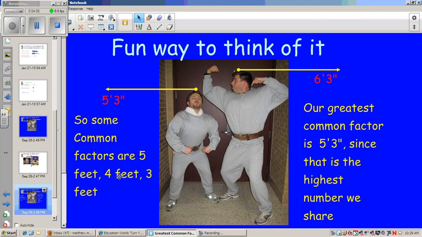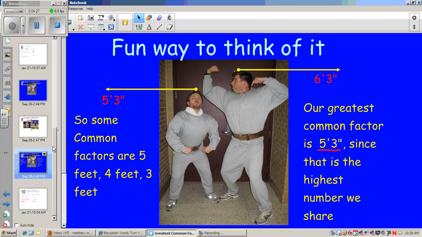Those are all heights that we both hit as we were growing. But our greatest common factor is 5 feet 3, because that's the top of where we could go, the biggest number that we both share. Mr. Moore goes a little higher than 5 feet 3, but Mr. Rockenstein stops there, so that's our highest number. That's our greatest common factor.